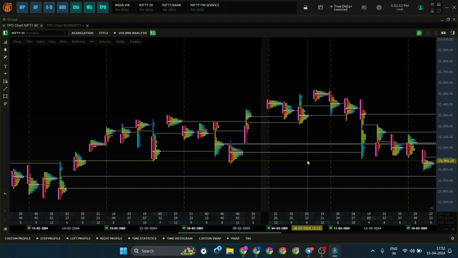Further terminologies and further things we will cover in the further videos. So these are the basics which are good enough to start learning market profile. From the next video we're going to cover day types and thereafter opening types, and also we are going to see value area placement, and all these things we're going to discuss in the further videos.